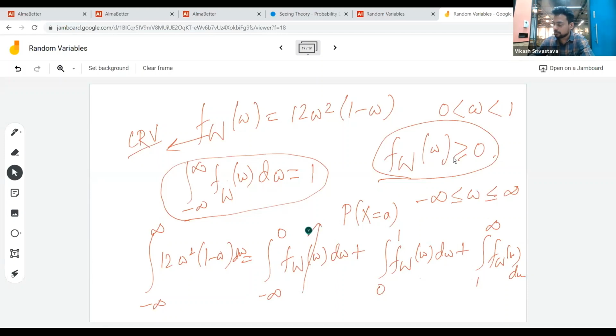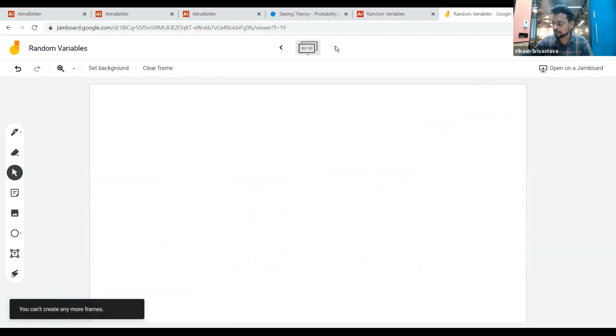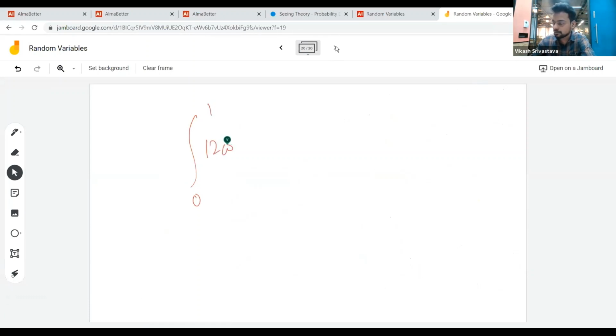This is 0 and this is 0 because our function is not defined apart from this particular interval 0 to 1. That's why that function takes the value 0 elsewhere. So these two values are 0. Now we just need to evaluate the middle integral and see if this comes out to be 1. So 0 to 1, 12 w squared times (1 minus w) dw.